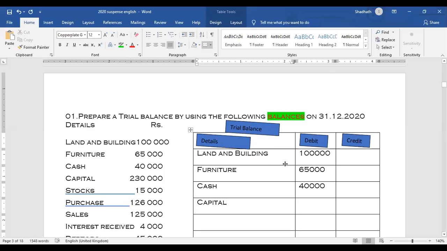Land and building, asset. Furniture, asset. Cash is asset, debit side. Capital is? I am asking what type of account? It's an equity, so it is credit side. Very good. Equity, it is credit side, 230,000.